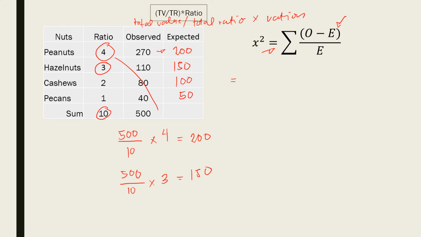Now, since we've already obtained all the variables we need, we can proceed with our formula. This is the summation of the observed minus expected, squared, divided by expected. So I'm just going to write it down.